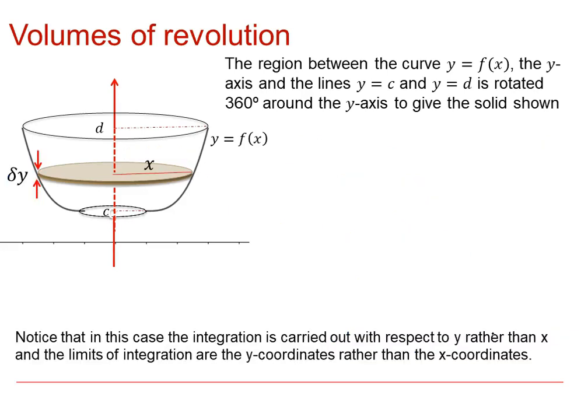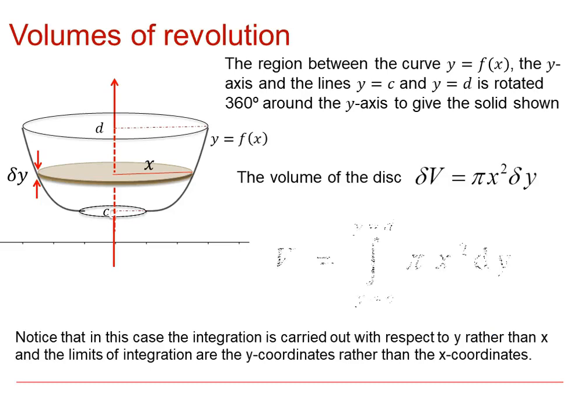So the volume of one disk is delta V, and the volume we're looking for after doing the summation is the integral of pi x squared dy from y equals c to y equals d. Notice that in this case the integration is carried out with respect to y rather than x, and the limits of integration are the y coordinates rather than the x coordinates, so you need to be extra careful setting up your solution.